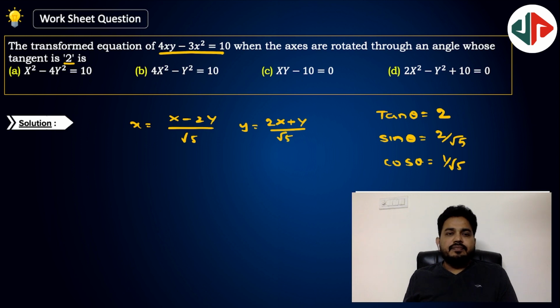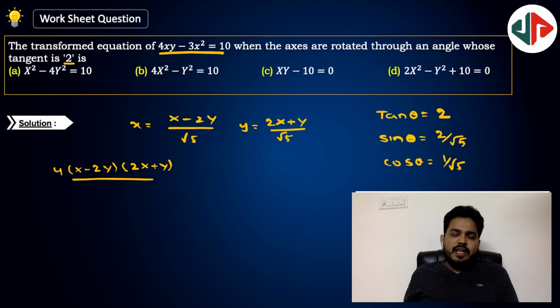Okay. So you take this one and substitute here. 4 into x minus 2y into 2x plus y by root 5 into root 5 will be 5 minus 3 times of x minus 2y whole square by 5 is equal to 10.